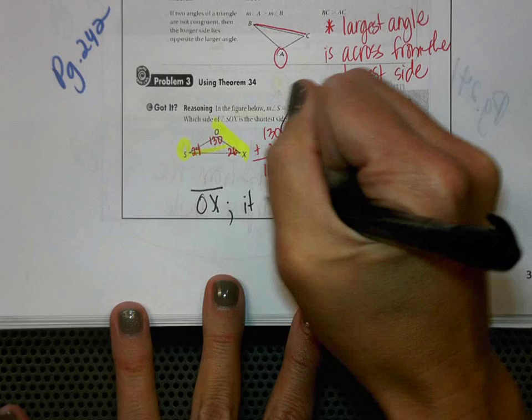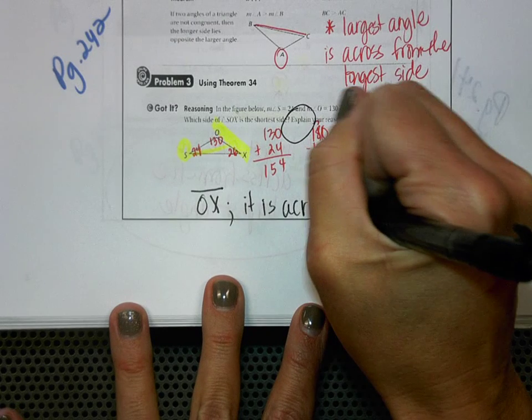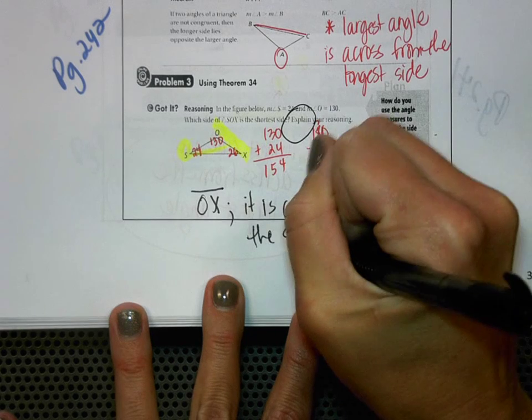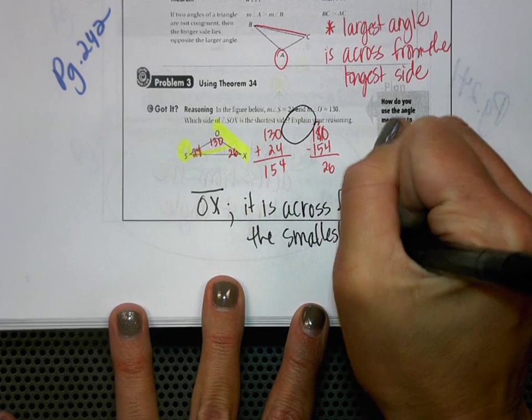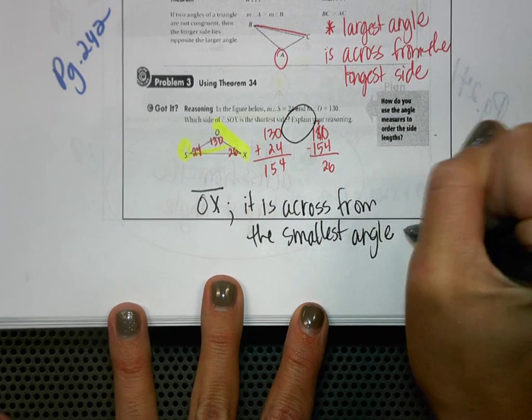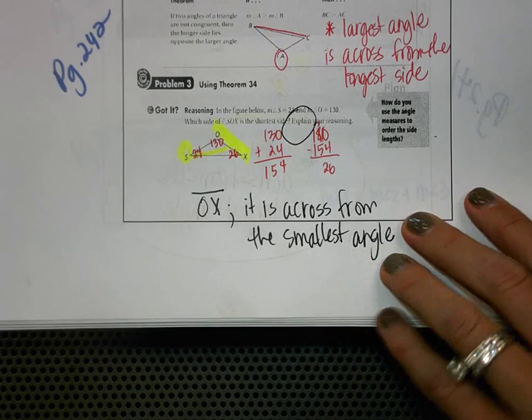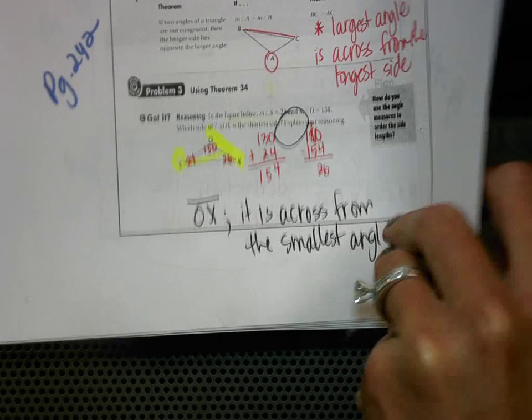Good. It is across from the smallest angle. Okay, any questions here? A little more. Not too bad though.